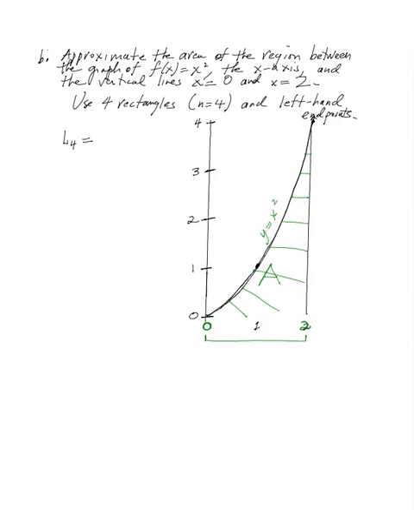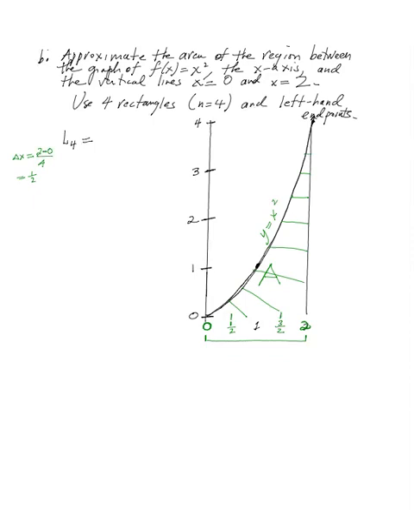So again, as before, delta x is the length of the whole interval, 2 minus 0 or 2, divided by 4. So that's 1/2. So I go from 0 to 1/2. So I have 1, 1 1/2, 2 1/2, which is 1. I have 3 1/2. And then I have 4 1/2, which is 2.